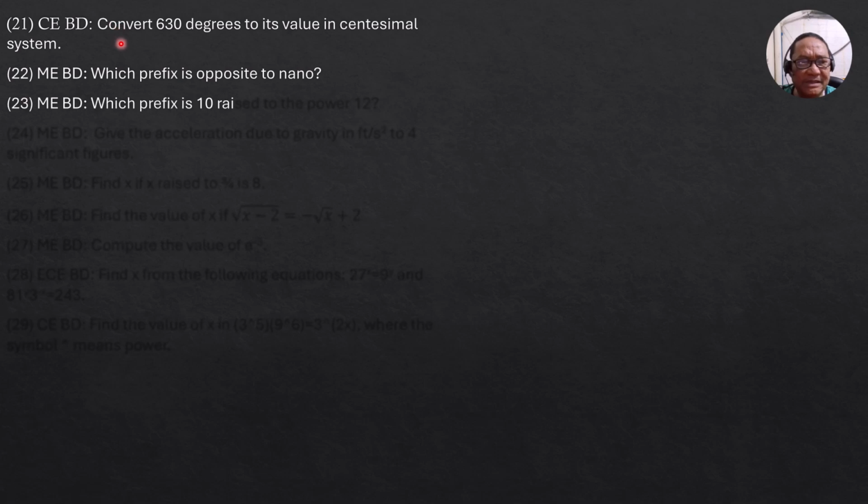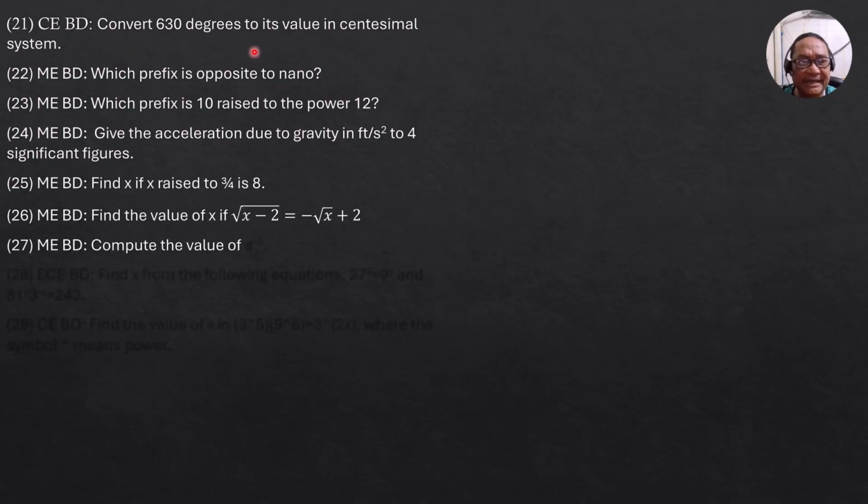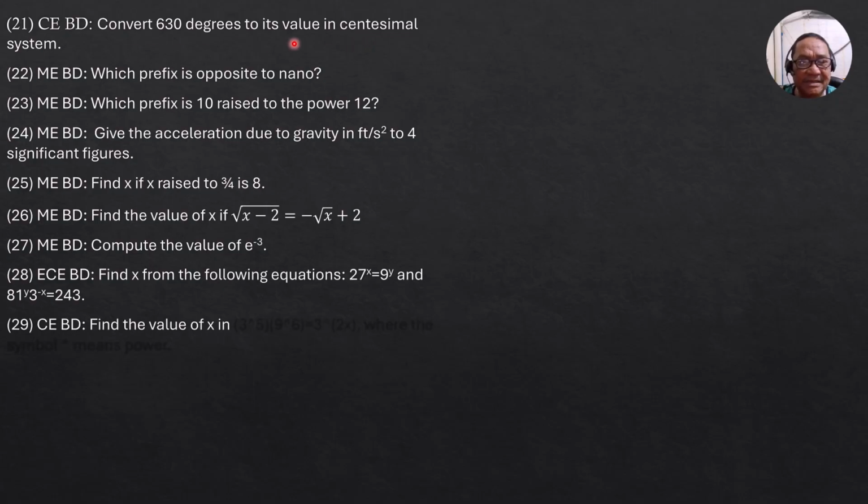Problem 21 came out in the civil engineer board exam. Convert 630 degrees to its value in centesimal system. Centesimal means from the word centi, so 100. So therefore, it is the gradients or grades. So we convert 630 degrees to grads.